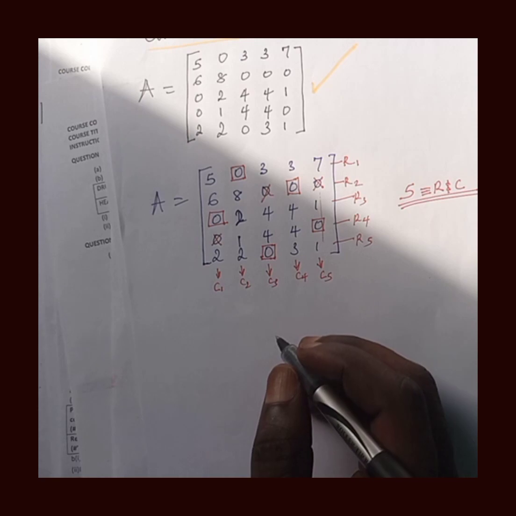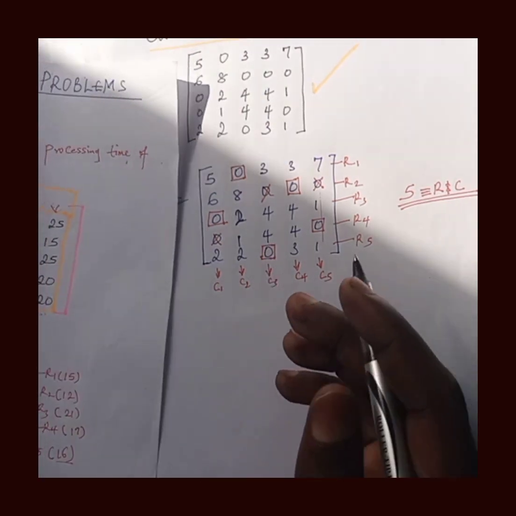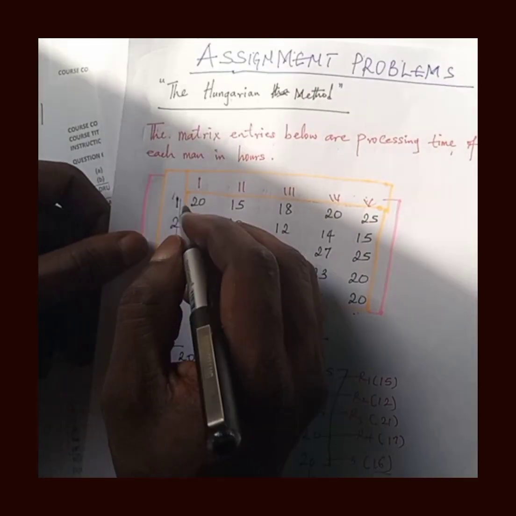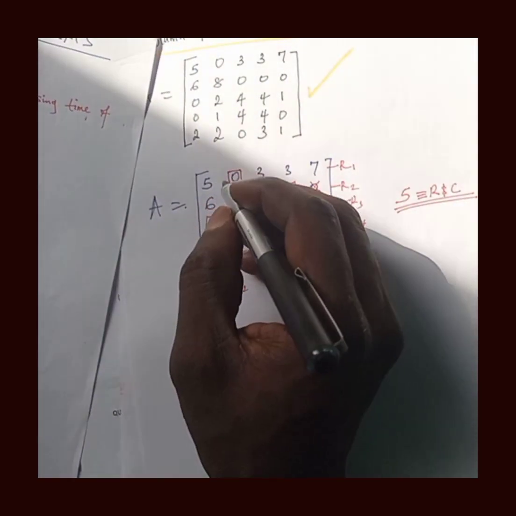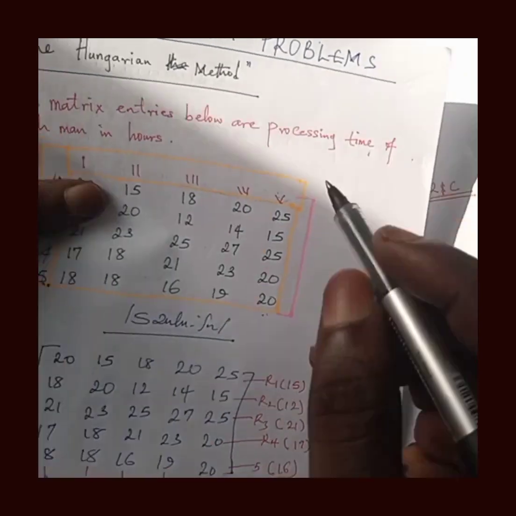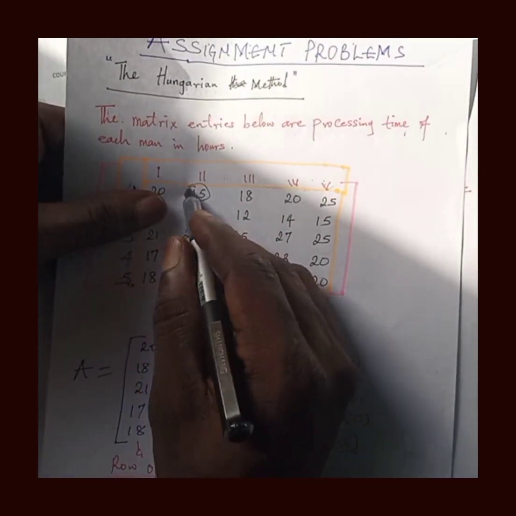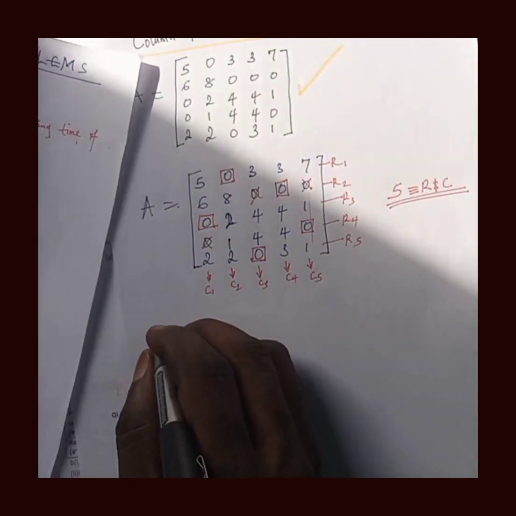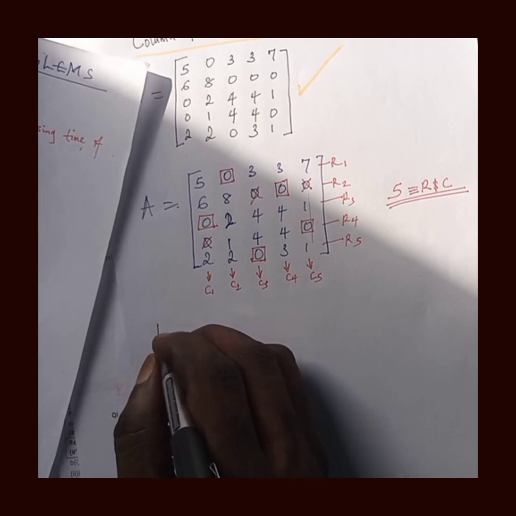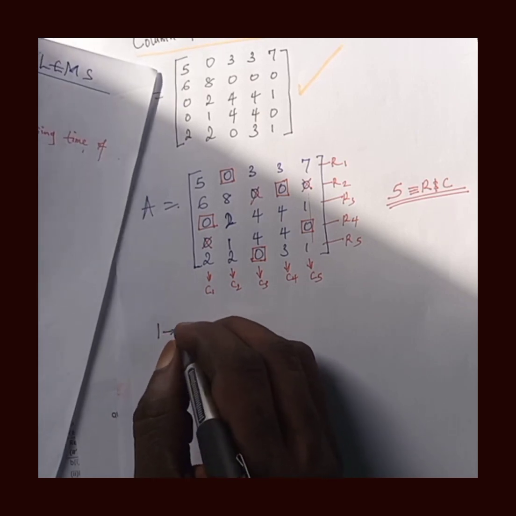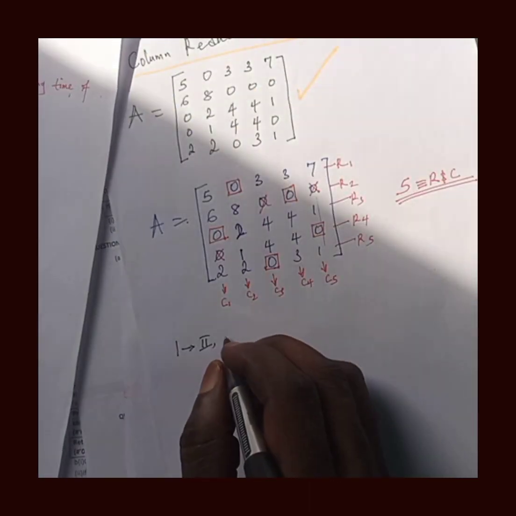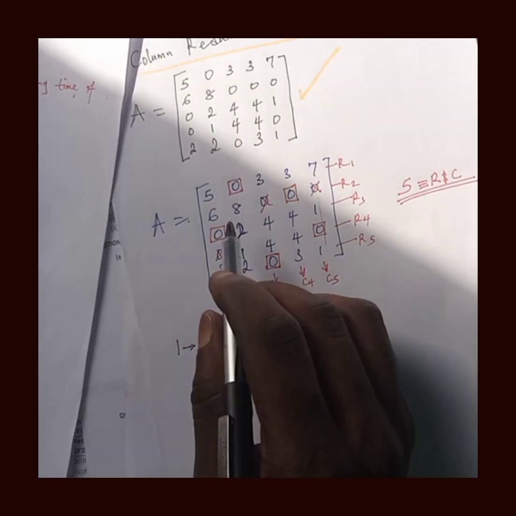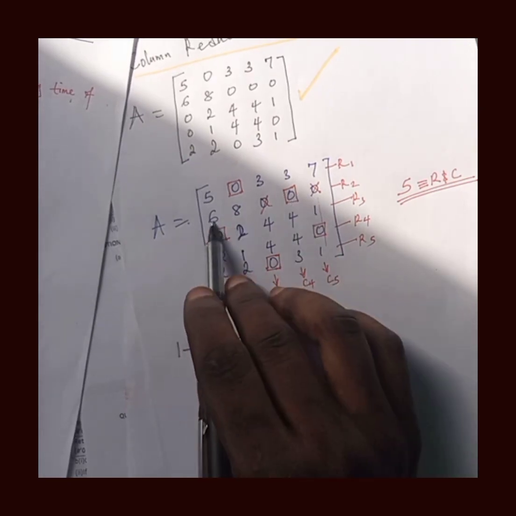So this assignment is seen as follows. For the first person, we assign the second job, which is this. So I'll just say our first person is assigned the second job. Then the second person is assigned the fourth job, which is 1, 2, 3, 4.